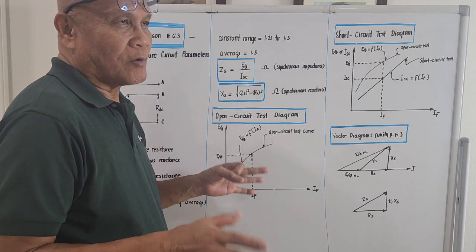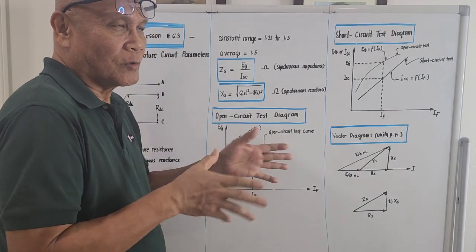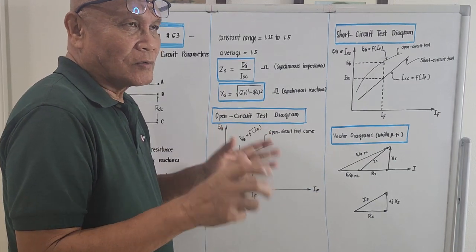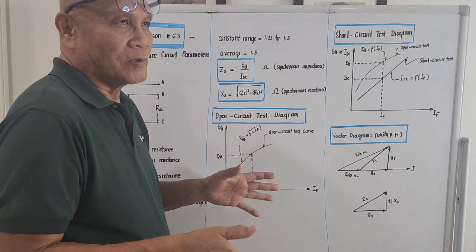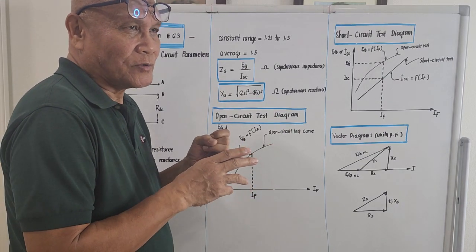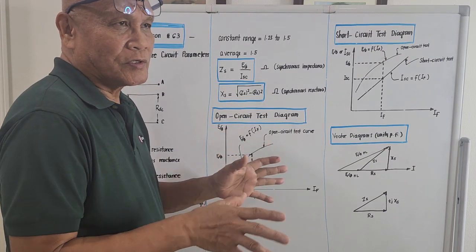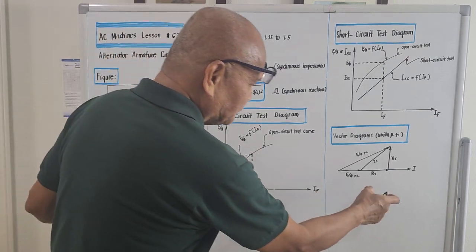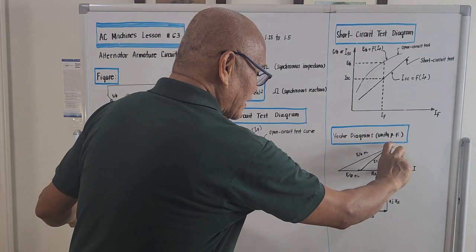Because voltage regulation is the voltage at no load minus the voltage at full load over voltage at full load times 100%. And the voltage at no load is greater than the voltage at full load by the value designated by the armature drop and the reactance drop. So the concentration of the subject matter for tonight will be in the computation of the IR drop and the IX drop.